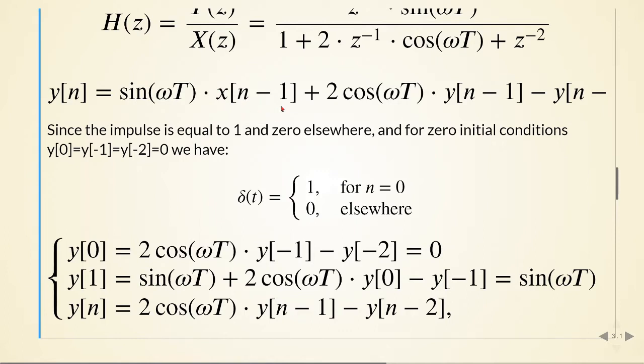So for all other values this disappears, so we don't have the sine, and we keep with this, because now when n is equal to 2, it's y of 0. Y of 0 is 0, but y of 1 is given by the sine. And when we continue, when n is equal to 3, we will get this recursive relation.